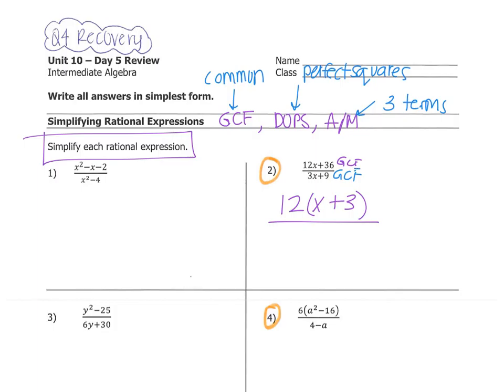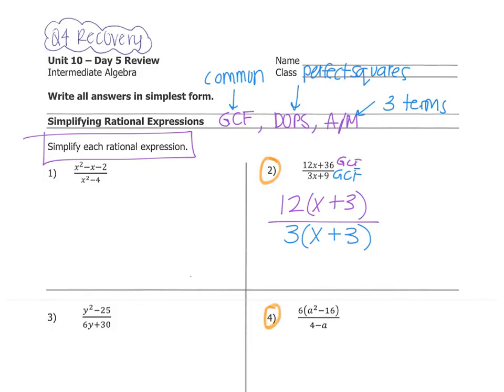Take a second to try that on your own. I'm going to do it up here on the video. If you need to pause the video for more time, then please pause it. So I factored by 3 parentheses x plus 3.